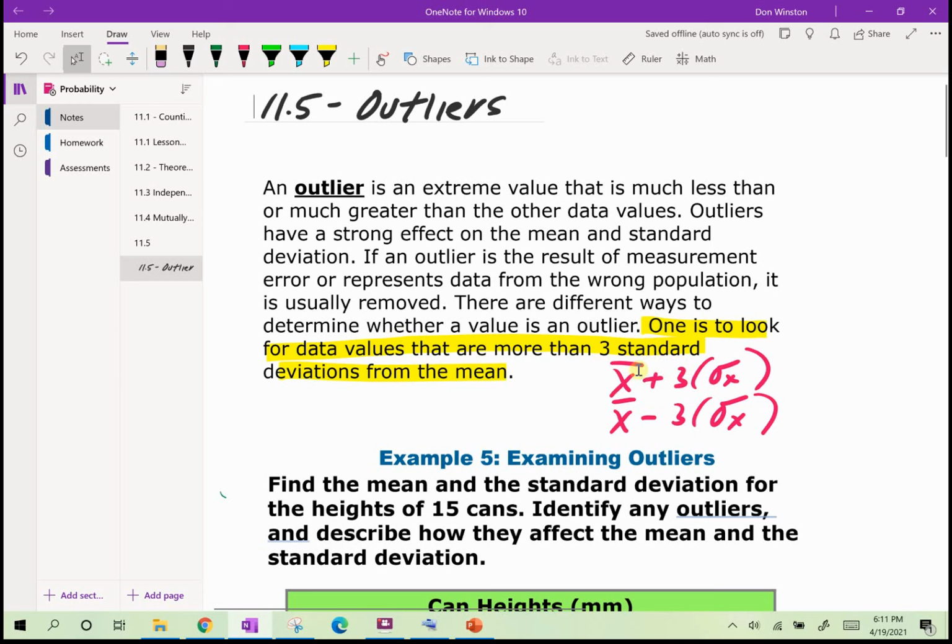In other words, we take our mean or average or x bar and then we add 3 times the standard deviation. Remember, this is sigma x, so that's our standard deviation. Or we take our mean x bar and we subtract 3 times our standard deviation. And if we find values in our data set that are more than 3 standard deviations away from the mean, then we consider those outliers.